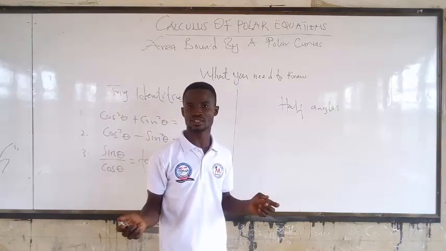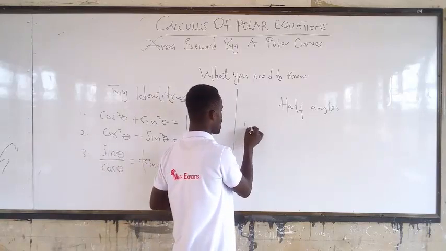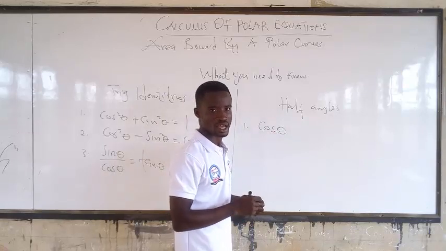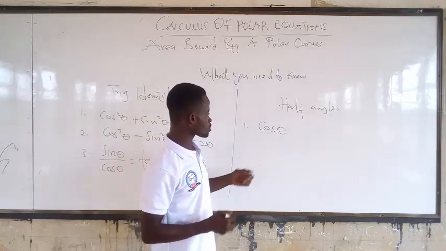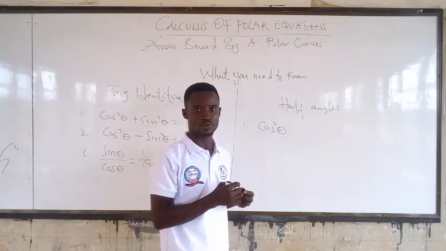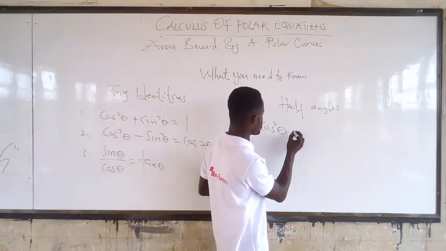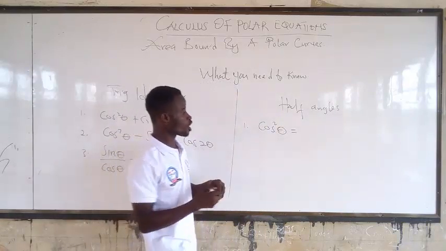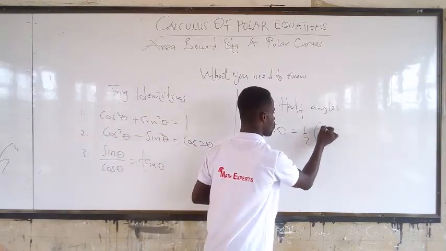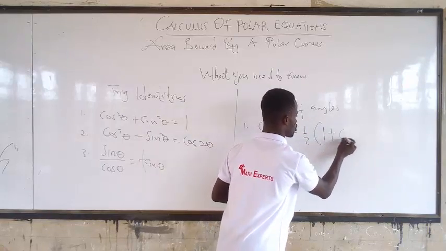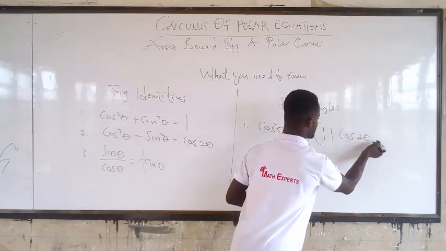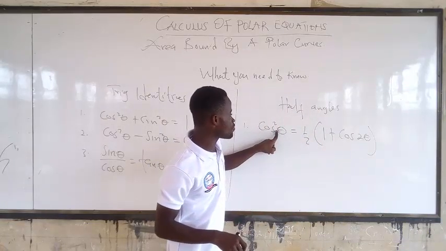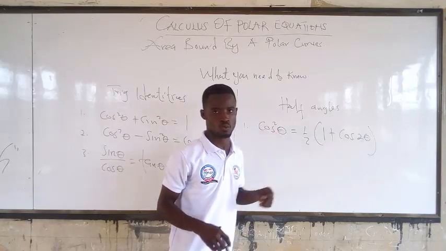Alright, so the half angles is like if you have something like cos squared theta, what we have here is going to be half of 1 plus cos 2 theta. The idea is that whatever you have here, you multiply by 2.